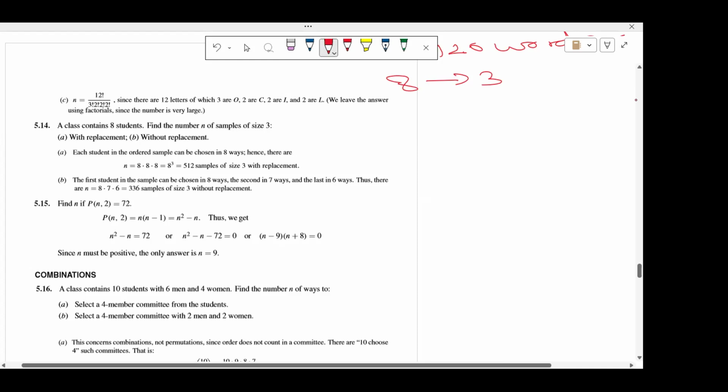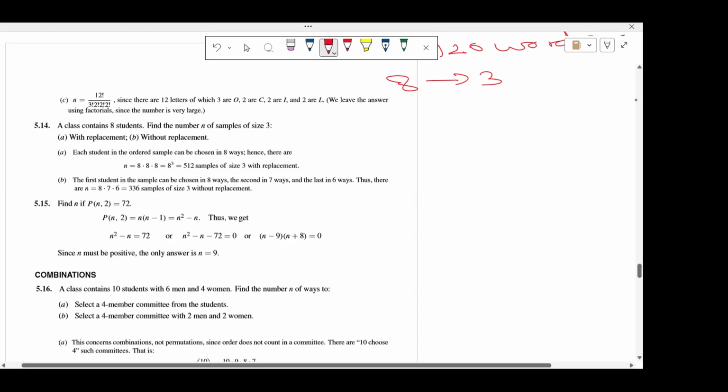So actually this is not a combination question, this is a permutation question. Why? They mentioned with replacement. With replacement means, let's say I select student one, I can again select student one, and again select student one. That is the meaning of that, right? So this is not a combination question.